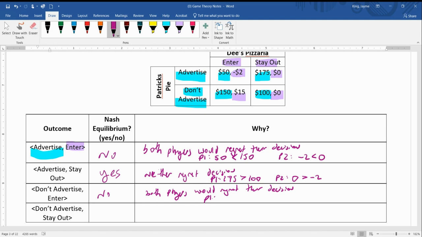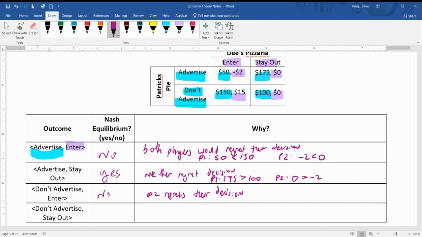So it's not that both players would regret their decision. So let's see if I can erase this. Player one's happy. In this case, it's just player two that regrets their decision. My pen is jumping all over and it's making things difficult for me.